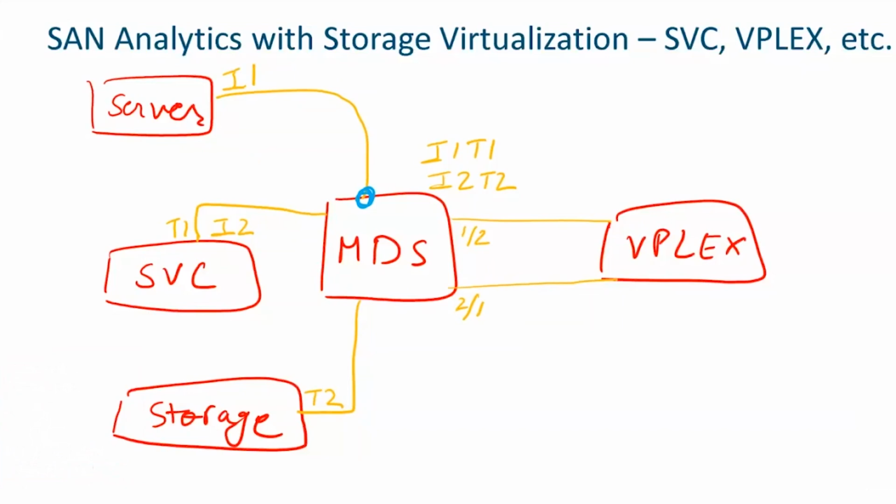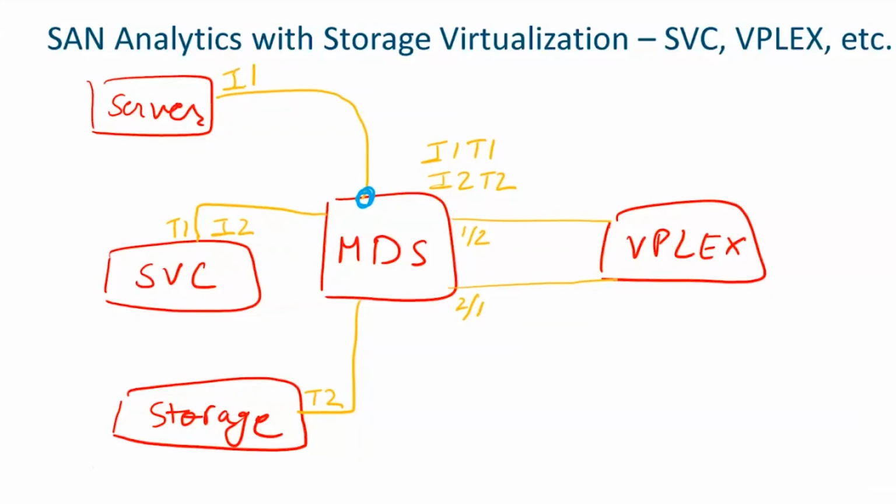This can be very implementation dependent. Does SVC cache the write? Let's say the server, or I1, originates a write command, when is the response sent back to I1 by T1? Is it sent when SVC has received it, or is it sent when the data has been written to T2?